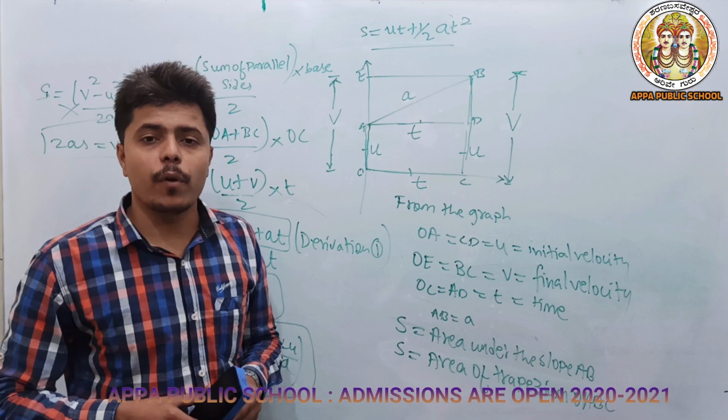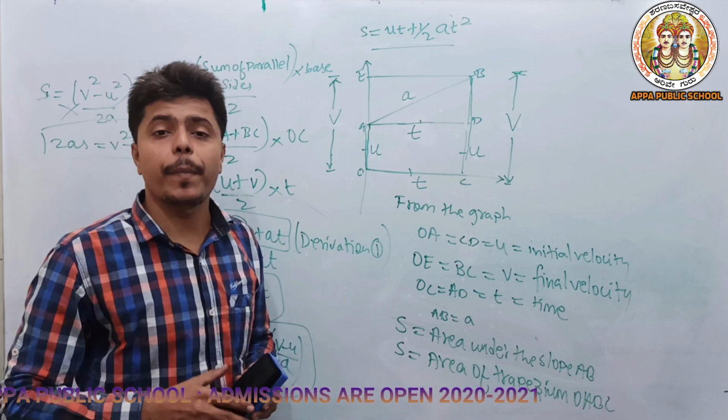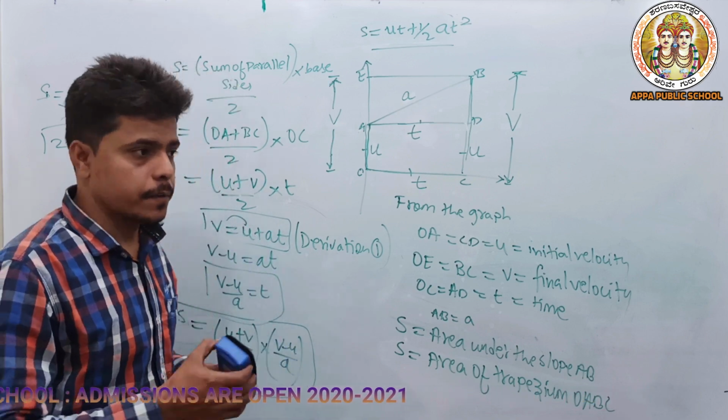Now we are going for the conversion. How to convert kilometer per hour into meter per second?